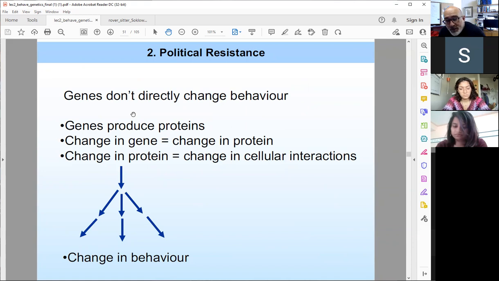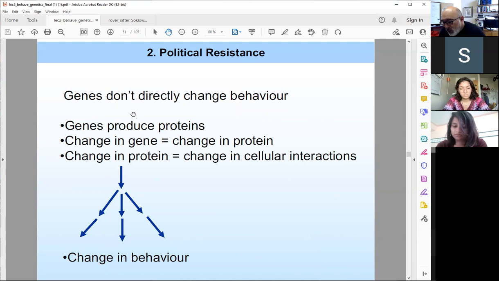So just to reiterate, genes don't directly change behavior. Genes produce proteins or other products like RNA. Any changes in a gene are going to change that protein, which can change cellular interactions, which ultimately, after a cascade of different things, leads to behavior.